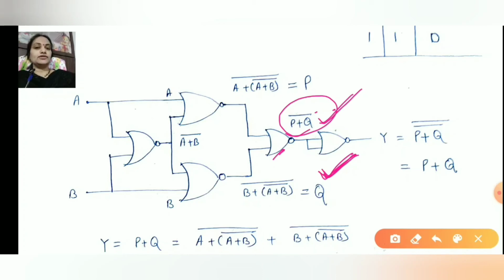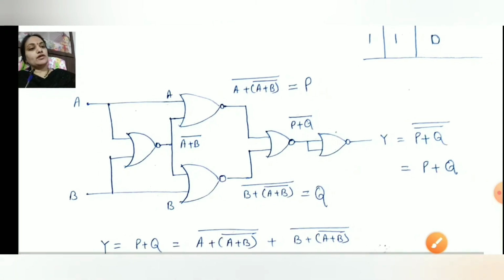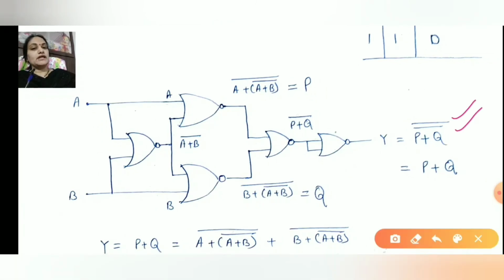In case of a NOR gate, that means it acts as a NOT gate or an inverter. That means we have to put a complement here. As a result, we got double complement here. Double complement means we can erase the two bars. That's why we got p plus q here.